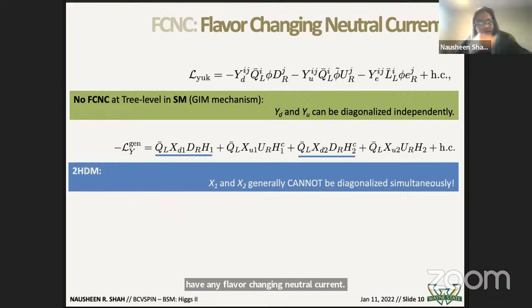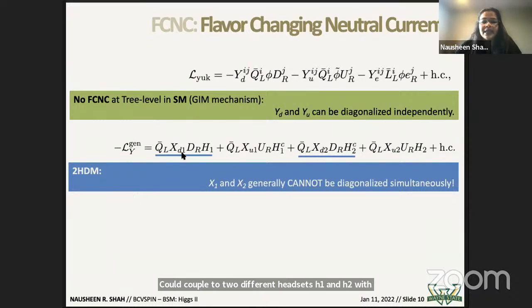But if now you're going to some generic theory with additional Higgses and additional couplings, then for example, you could have that the same standard model quarks, this Q left, D right, could couple to two different Higgses, H1 and H2, with two different matrices.